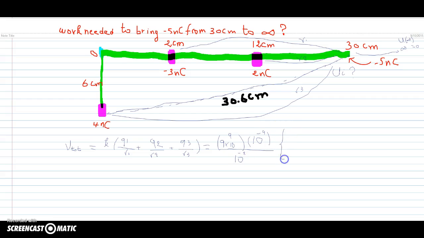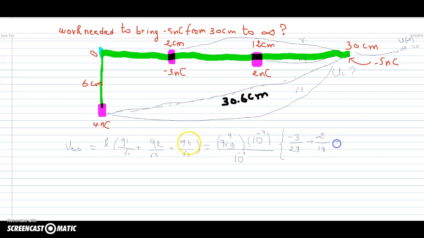Now open. The charge Q1 is minus 3, and the distance from 2 to 30 is 28 centimeters. Then plus the contribution of this one, 2 nano. I have factored out the 2 nano already, and the distance from 12 to 30 is 18 centimeters, of course.